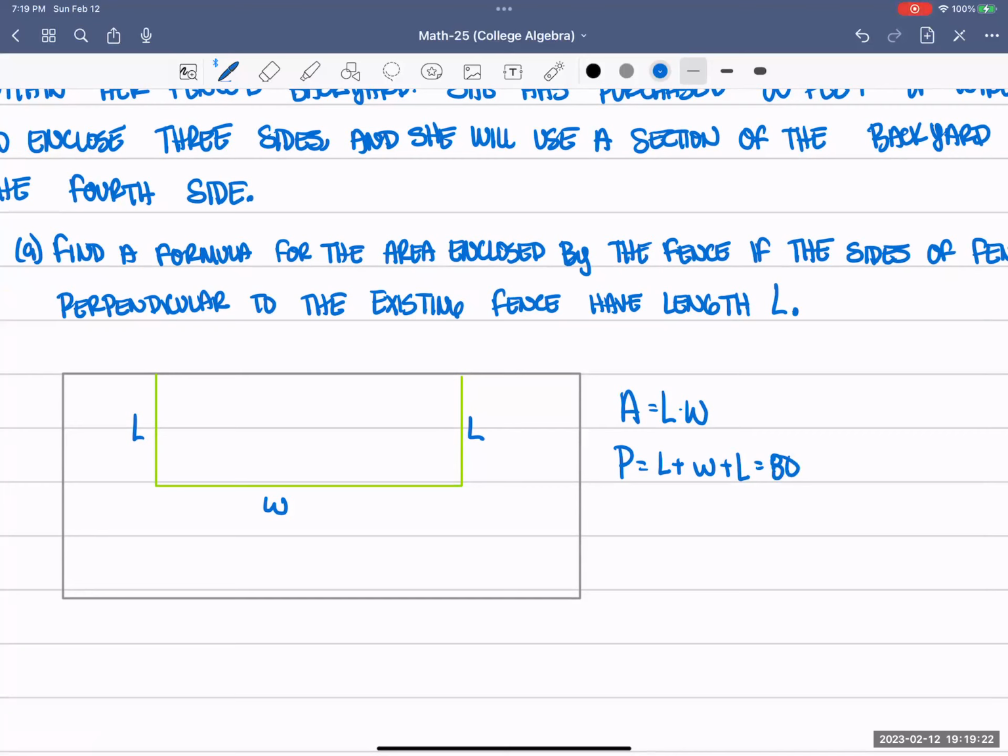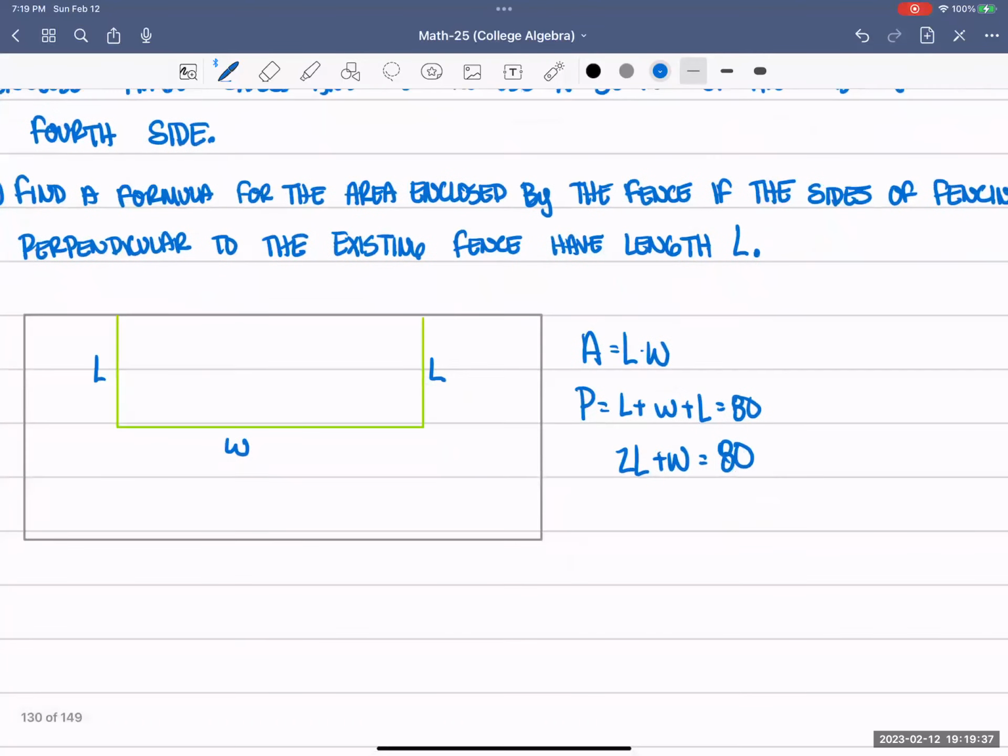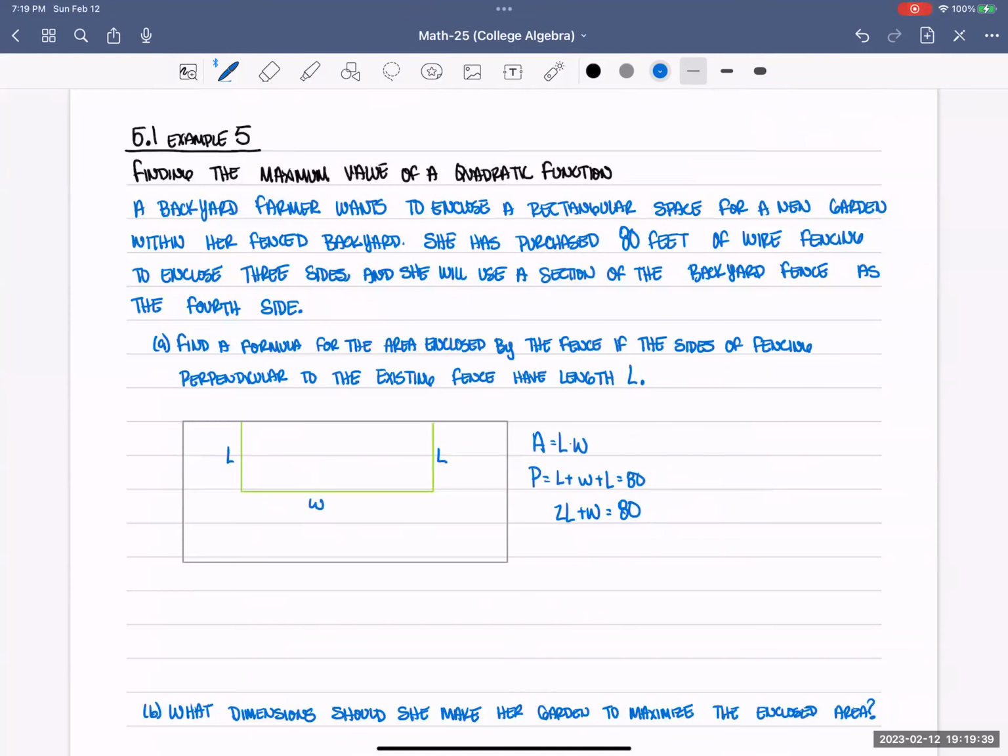Let's combine like terms here. We have 2 length plus width is equal to 80. Do they have a preference if we're in terms of length or in terms of width?